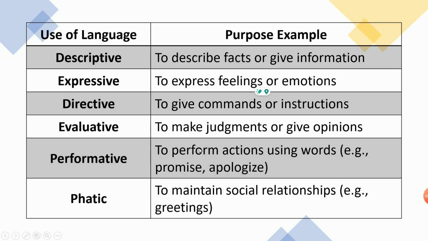Next, performative, to perform actions using words, like promising, apologizing. Next is phatic, to maintain social relationships: greetings, that is good morning, good afternoon, bonjour, all those things. Those words or languages are phatic languages. So I think that's all for today's class.